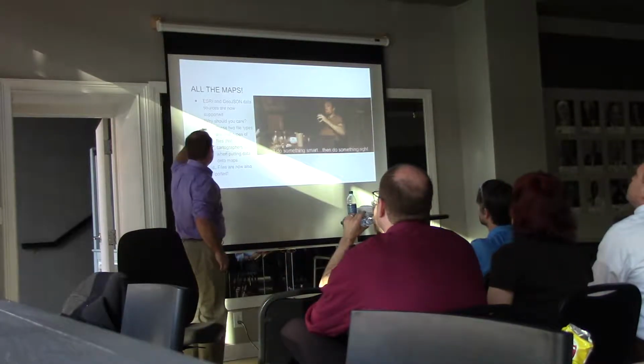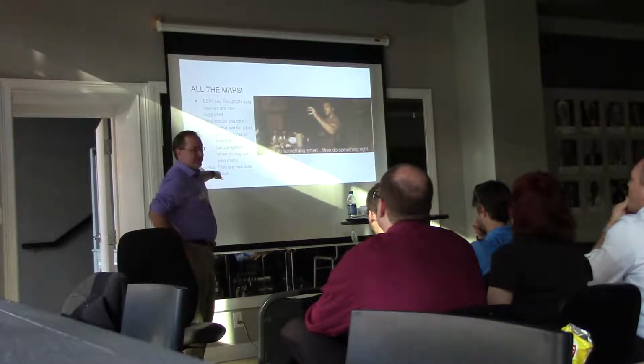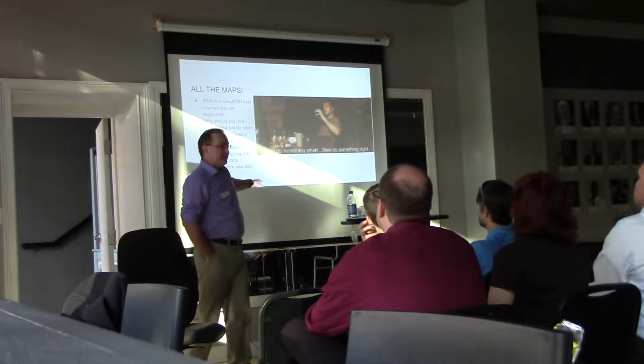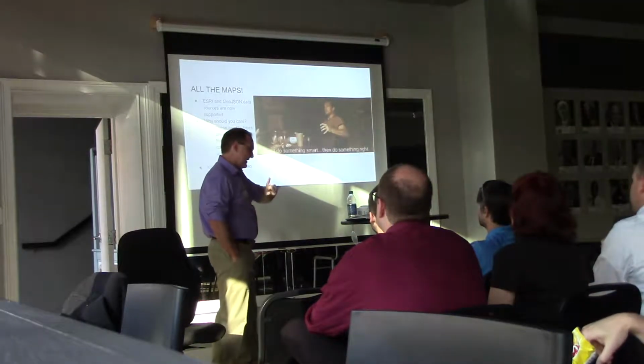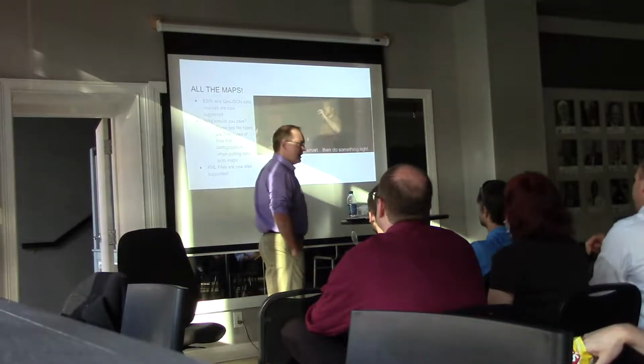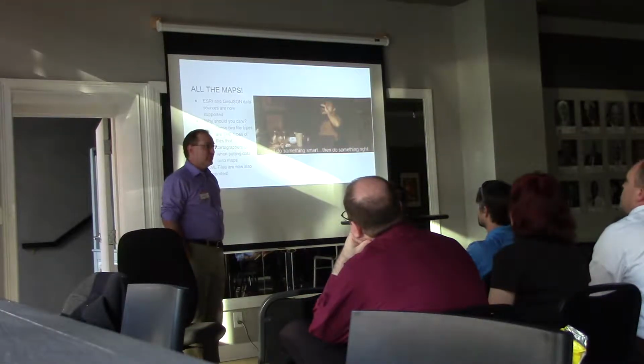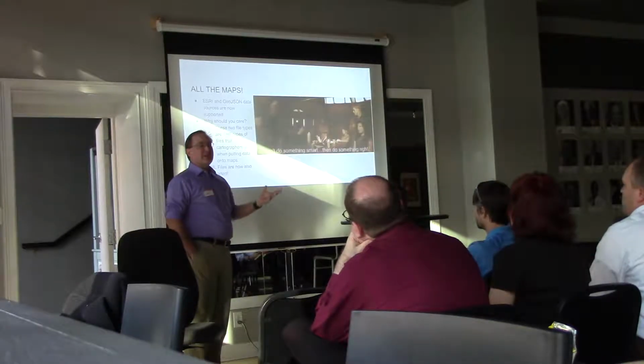The other exciting thing for me is KML files. If you're not familiar, these are Google Earth files, and they are now supported. I can show you what that means here in a minute. You can literally draw a shape on Google Earth and export it, a custom shape, whatever.